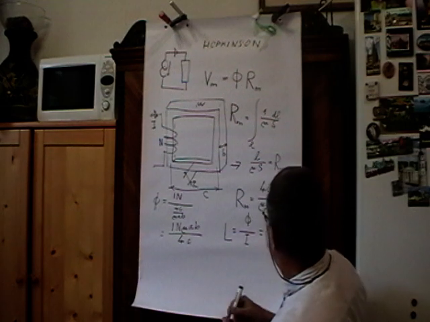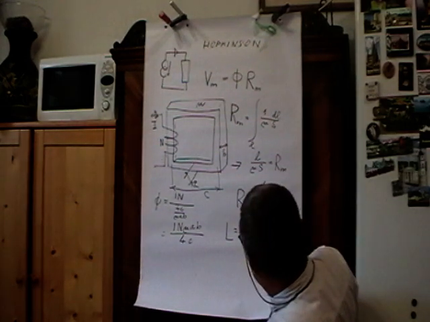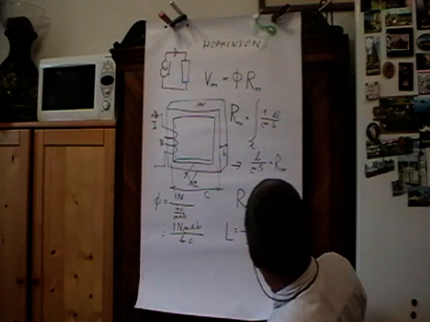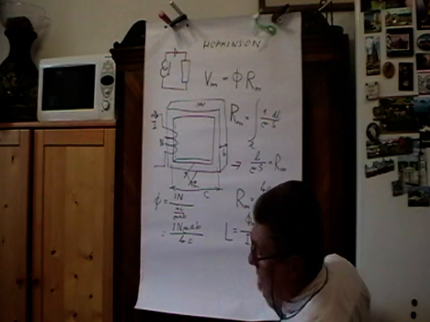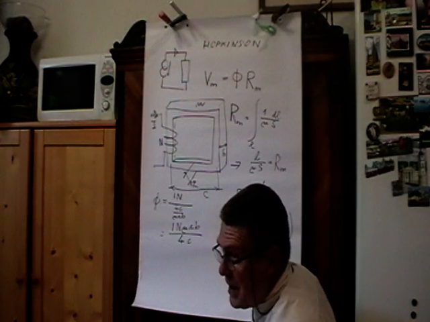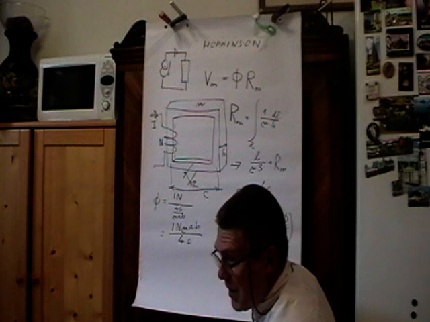So this is a flux through the inductor, and this is the flux through the core. Those are different fluxes and they differ by the number of turns.